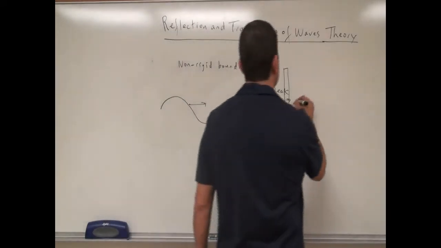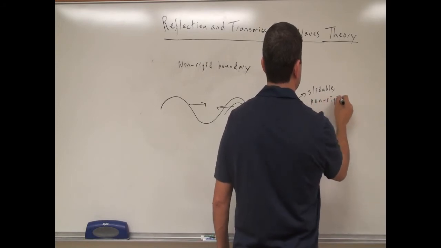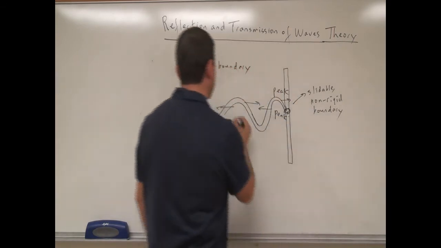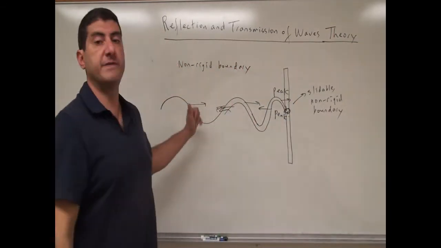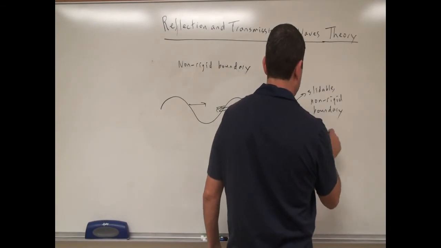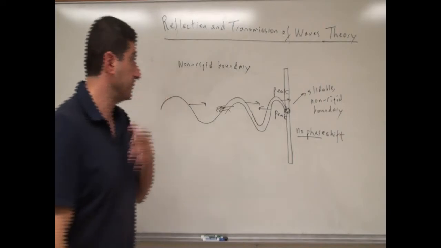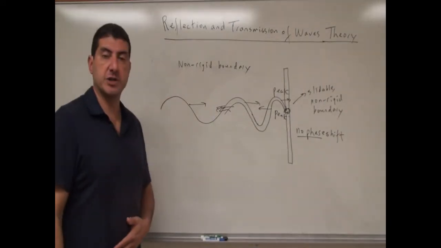So this is a slidable, non-rigid boundary. And then it just comes back like this, no phase shift. Okay?